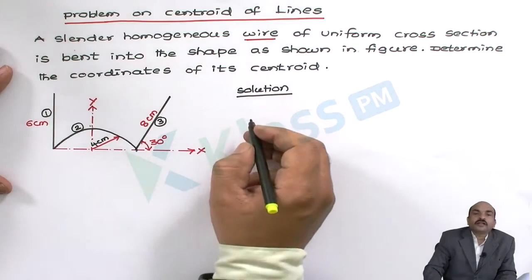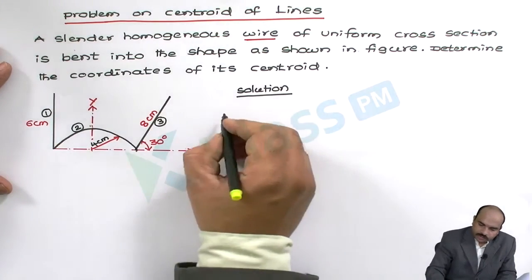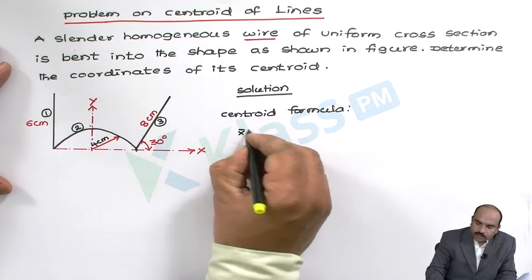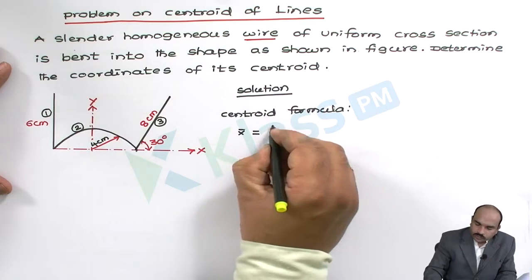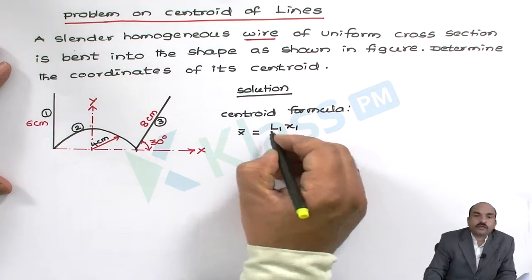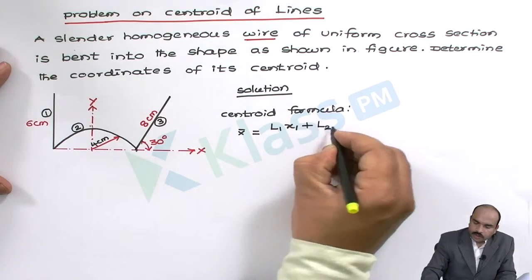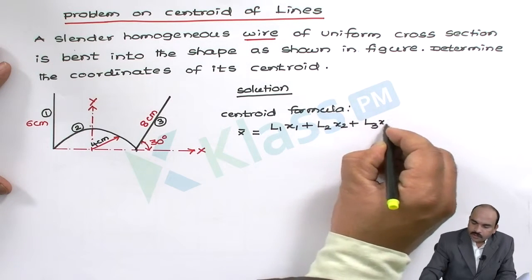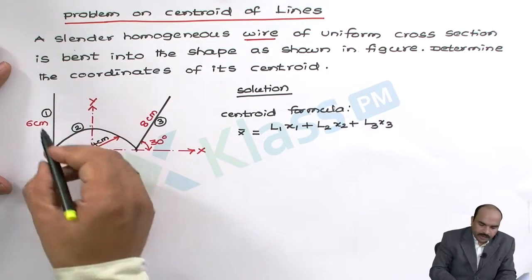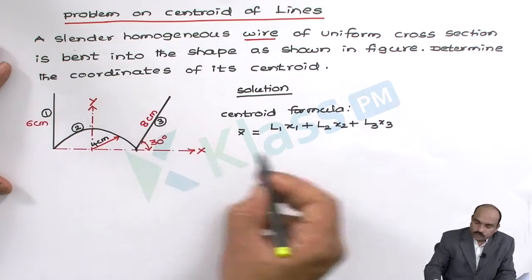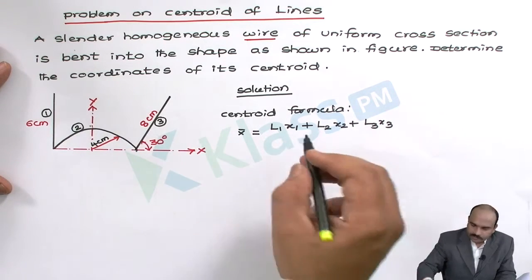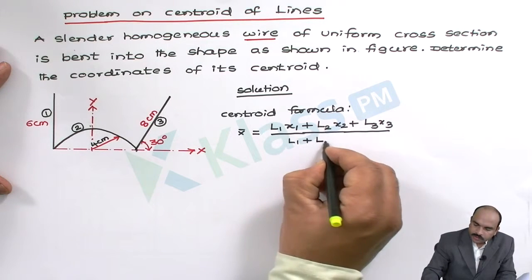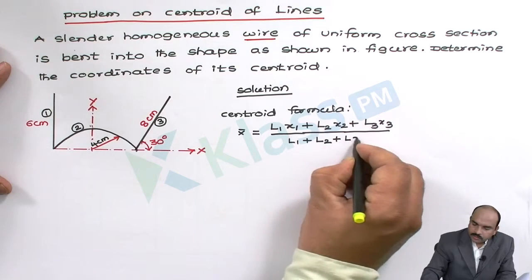So first I will write the centroid formula for the lines. We know x bar equals L1 x1 plus L2 x2 plus L3 x3, because there are 3 lines, 1, 2, 3, divided by L1 plus L2 plus L3.